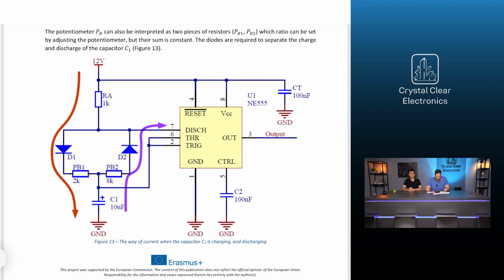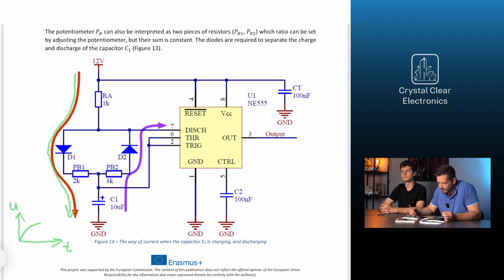The diodes are required to separate the charge and discharge of the capacitor C1. Let's look at the figure, which will help you understand the functions of the diodes. So, the capacitor C1 is charged through the resistors RA and PB1, but is discharged through the resistor PB2.